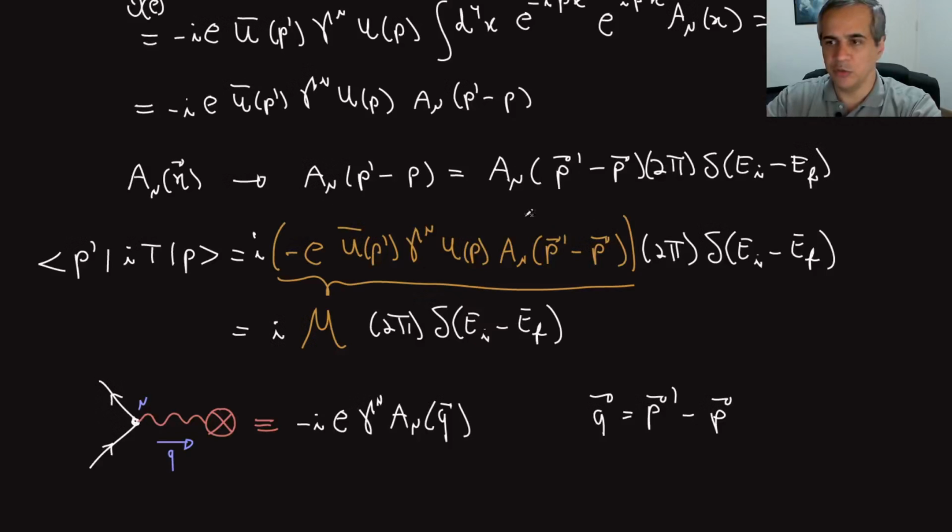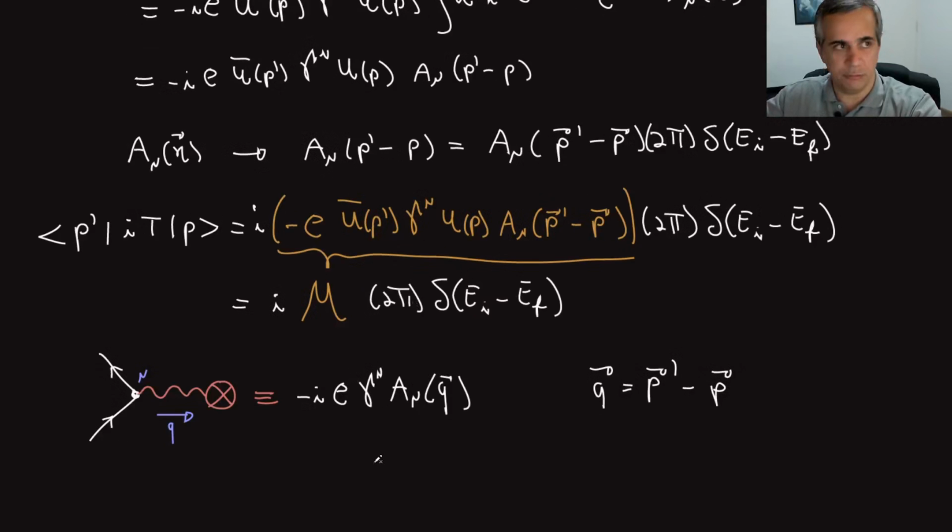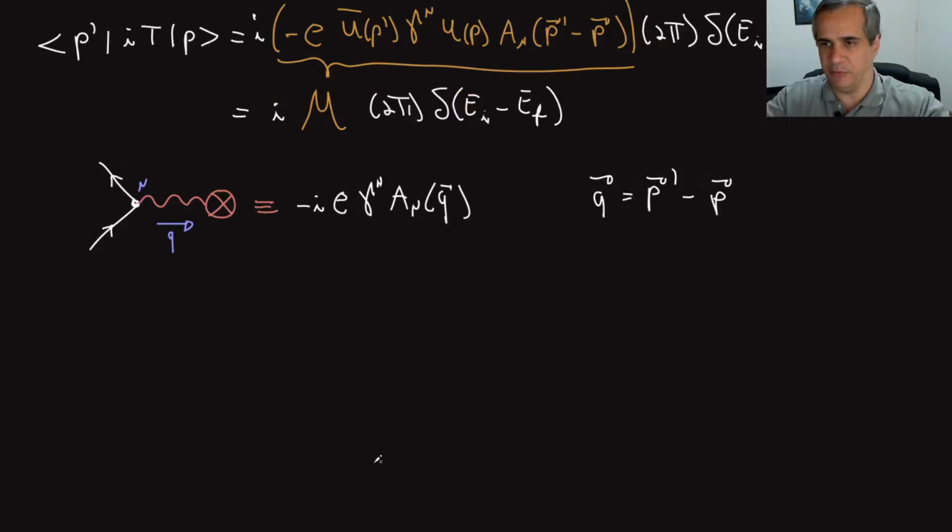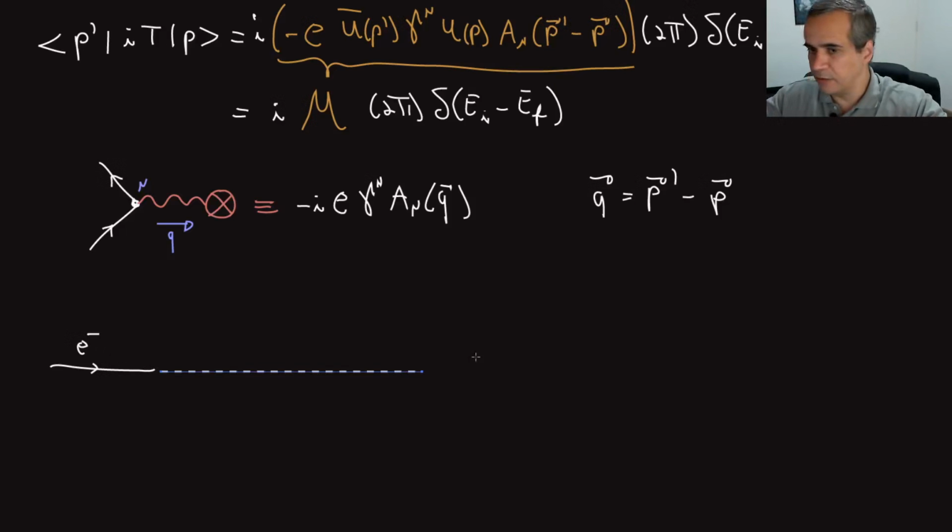Now I want to use this expression in a cross-section, but it is a one-to-one cross-section, which we didn't derive before. The idea I have right now is let's make this definite. So let's take an electron, and let me put the original trajectory here as a dashed line.